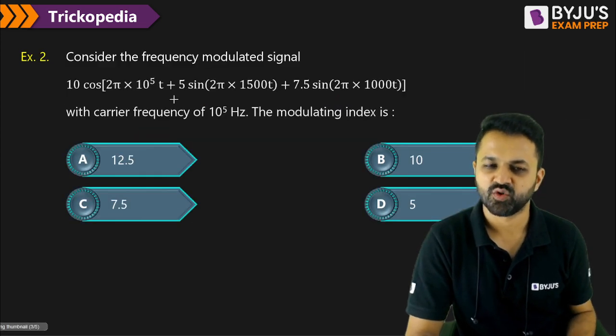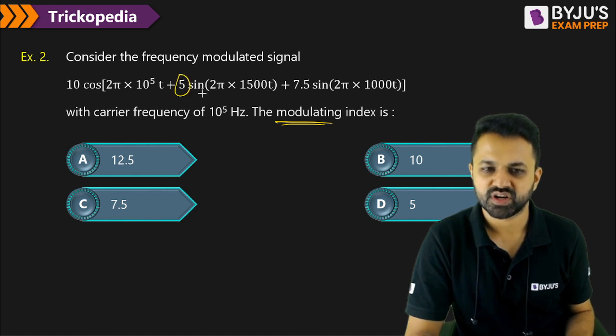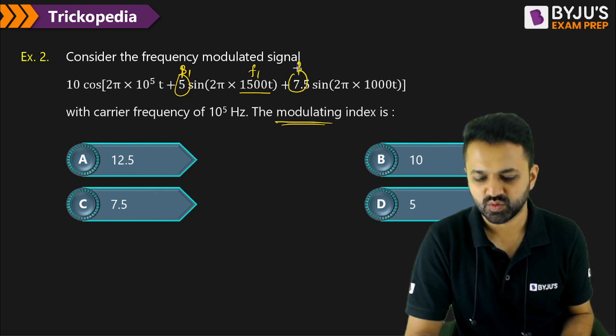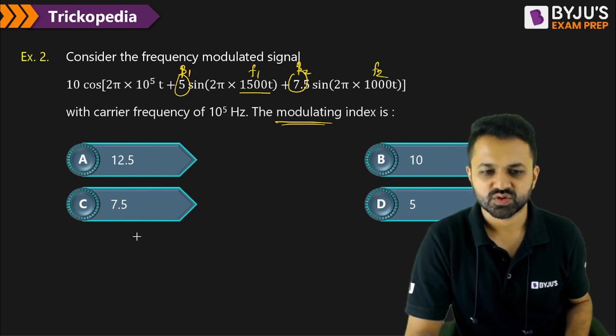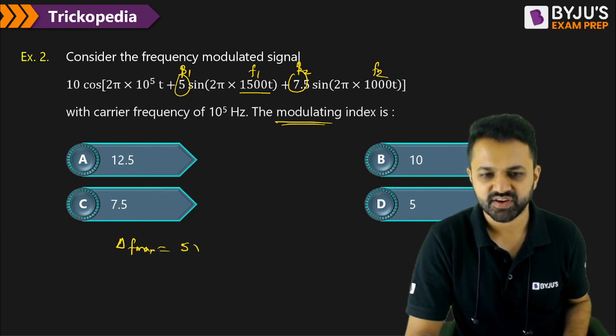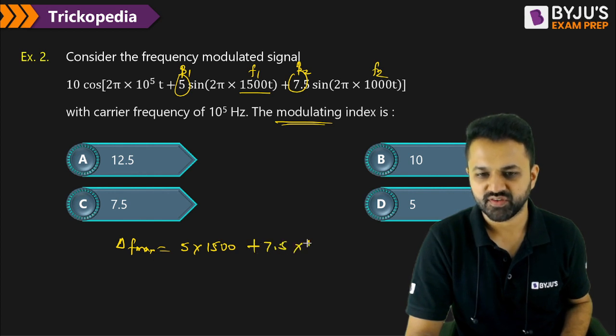Similarly, you can take one more example. Here it is asking for the modulation index. This is beta 1 with frequency f1, and this is beta 2 with frequency f2. Again you calculate the maximum frequency deviation, which is 5 into 1500, that is beta 1 f1, plus 7.5 into 1000.